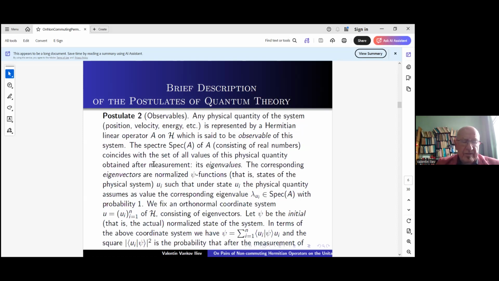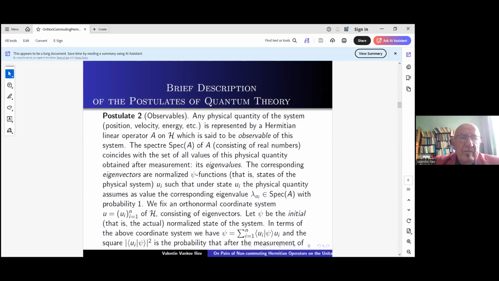The second postulate is the postulate about observables. Any physical quantity of the system, position, velocity, energy, and so on, is represented by a Hermitian linear operator which is defined on the space of states, or space of psi functions.